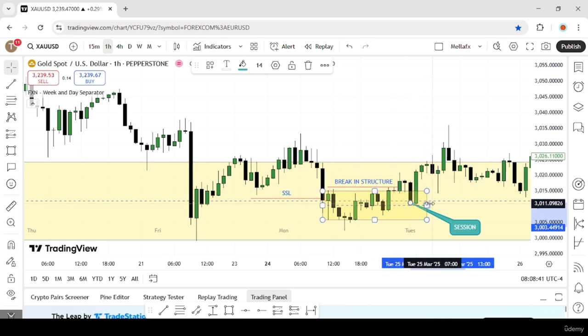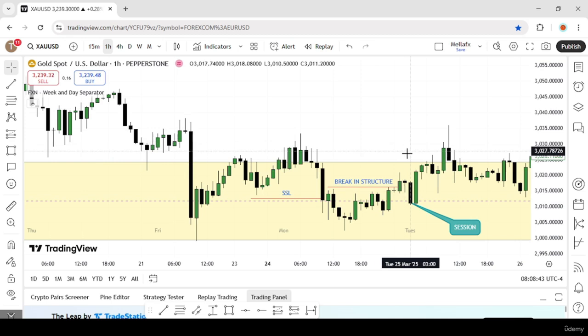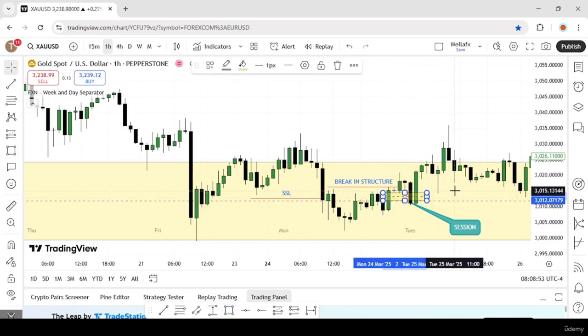The next entry point you can use is any fair value gap created where we were moving away to break market structure. This is the imbalance.